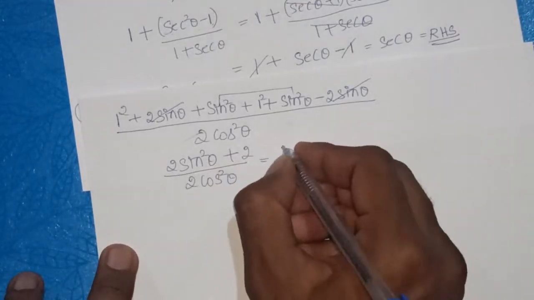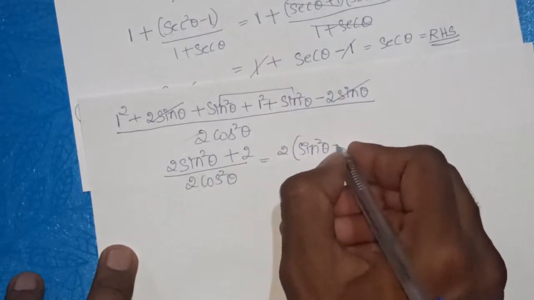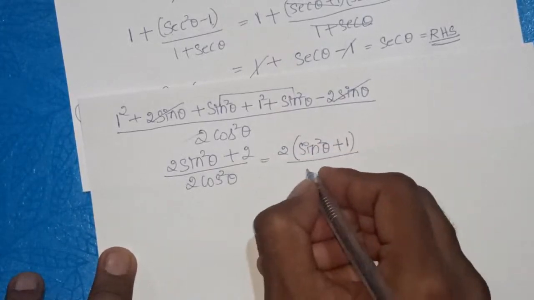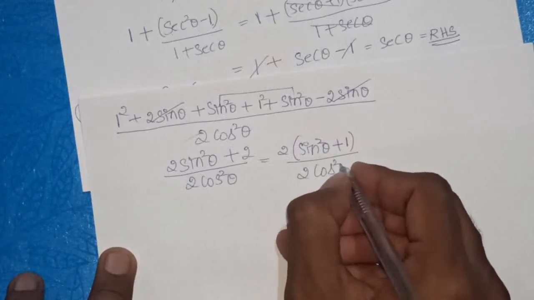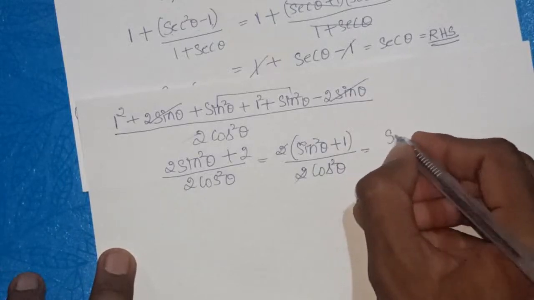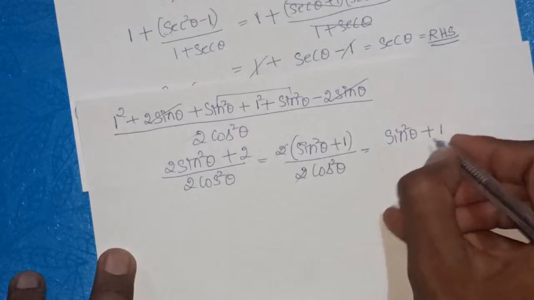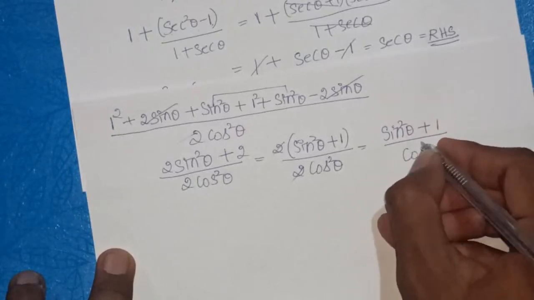In the numerator we can take 2 as common, that is sin square theta plus 1, divided by 2 cos square theta. 2 is cancelled out. We are left with (sin square theta plus 1) by cos square theta.